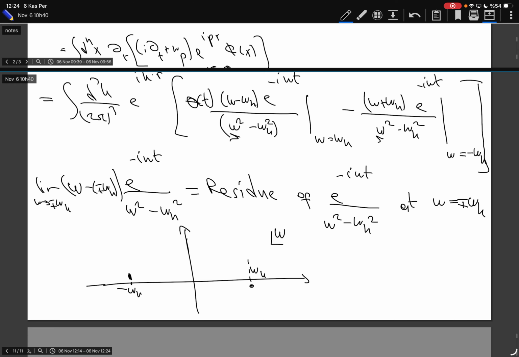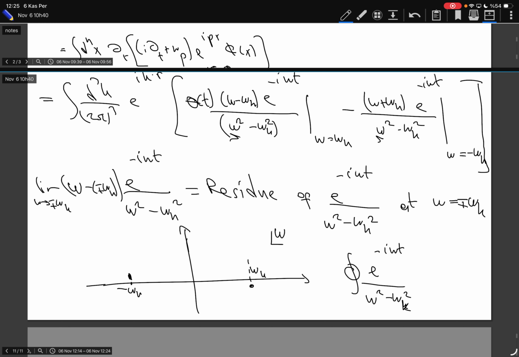So if I shift my poles in this form, when I'm integrating e to the power minus i omega t divided by omega squared minus omega k squared, now if t is positive, I close the contour from below, the lower complex plane.